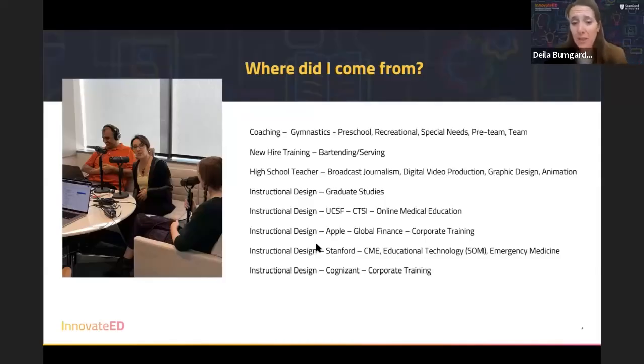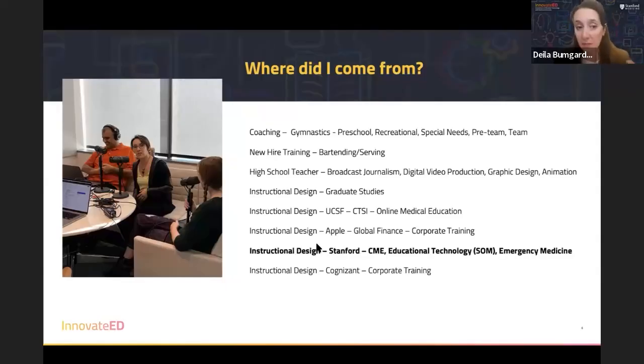I learned, ironically, a lot about learners from my very first instructional position, which was coaching gymnastics. As you can see, I listed out the different levels of gymnastics that I taught. And I think that was the first time that I really started to think about how I had to change the way that I taught based on the learner that I was teaching. And I'll come back to that.